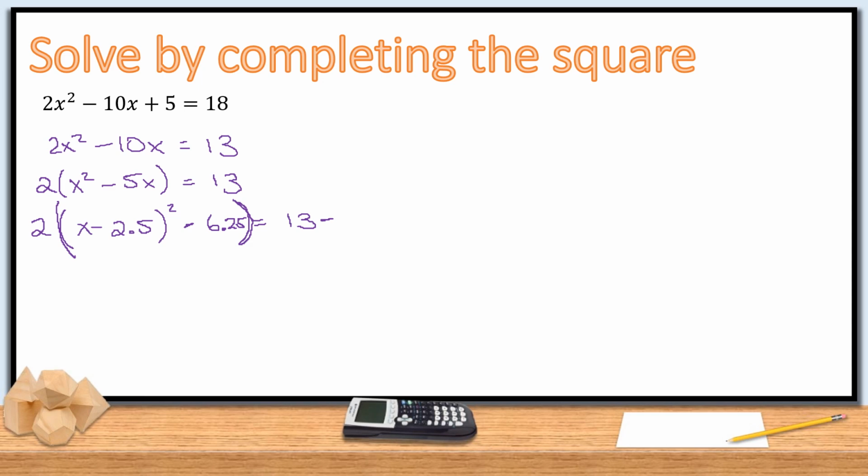So really, if we were to rewrite this, it's 2 times x minus 2.5 squared, and then 2 times minus 6.25 is minus 12.5. So yeah, that one is going to catch a lot of people out. You have to be very careful and check your work. So if we're subtracting 12.5 from one side, we've got to do it from the other side as well.